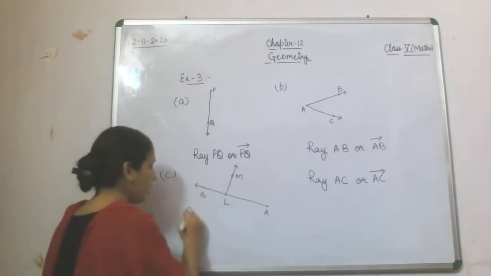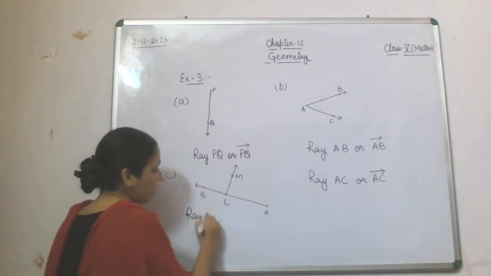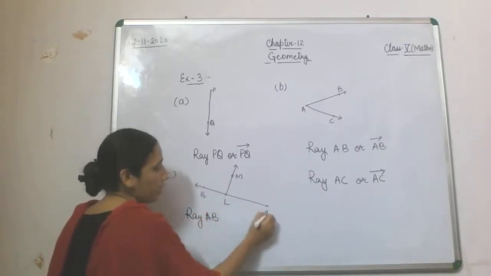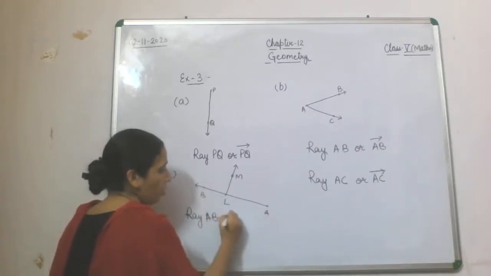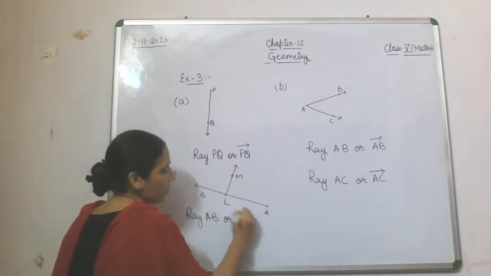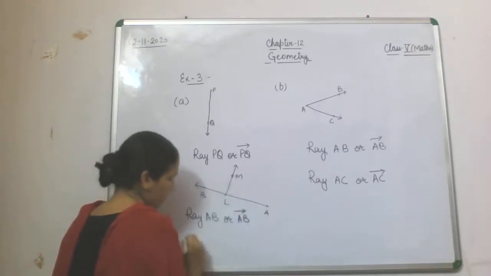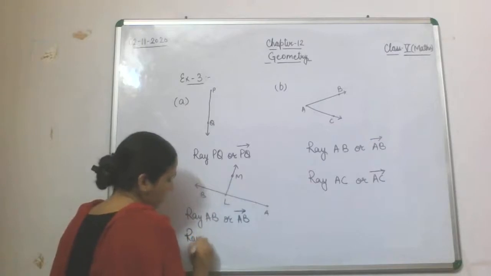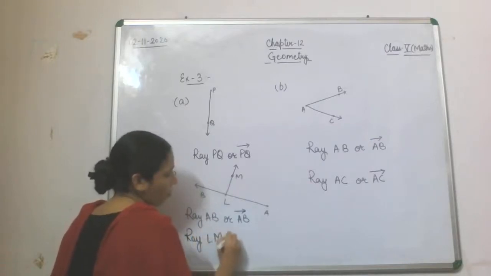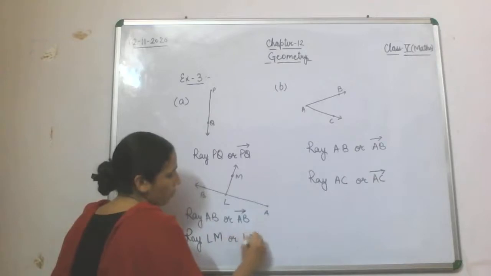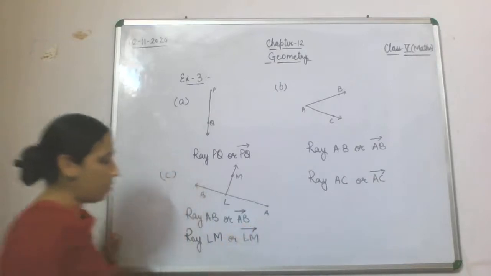Ray AB, or in symbol we can write AB, and then this ray LM or LM with this symbol.